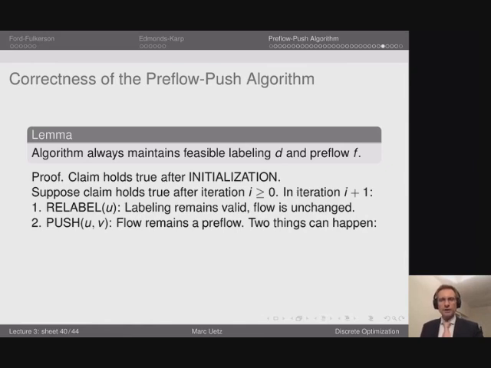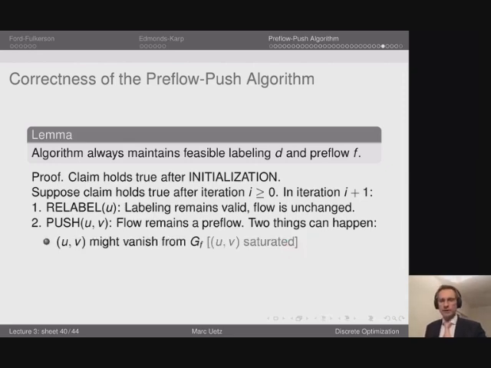Again, we will have to verify that after the push, the labeling is still a feasible labeling. If we push, two things can happen. Edges could disappear, but that doesn't hurt because then we don't have to prove feasibility of the labeling for that edge that just disappeared.